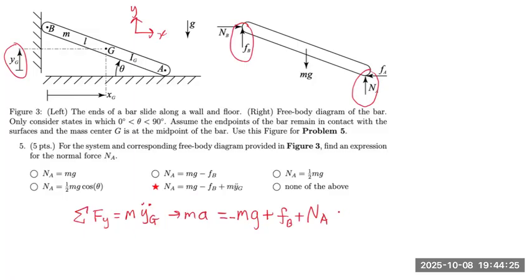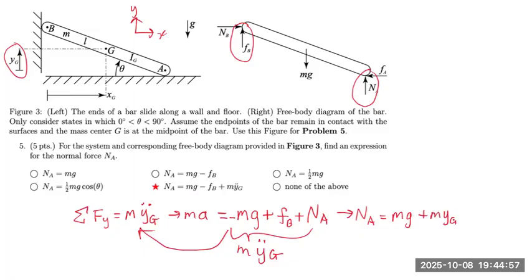So basically, don't forget that this is actually all equal to m y double dot g. So NA is equal to mg plus m y double dot g, minus FB.